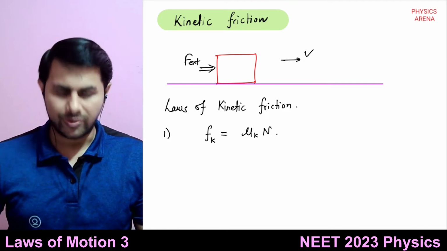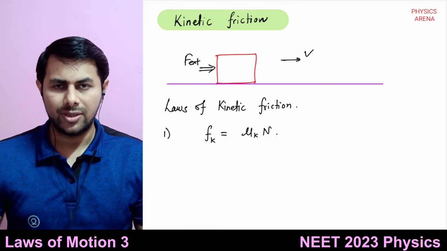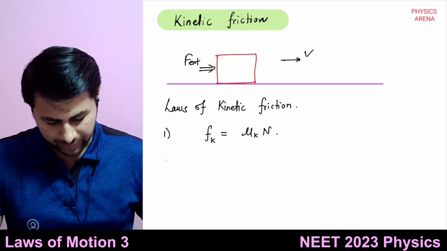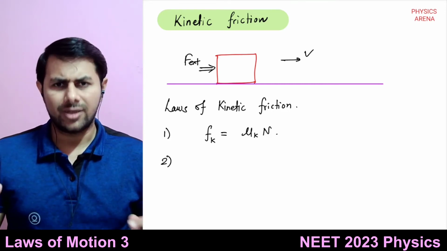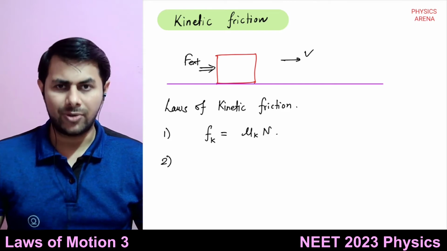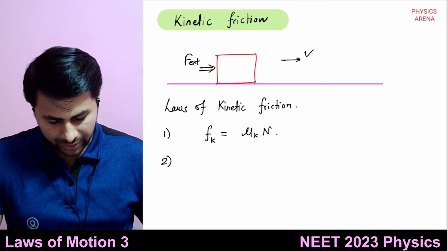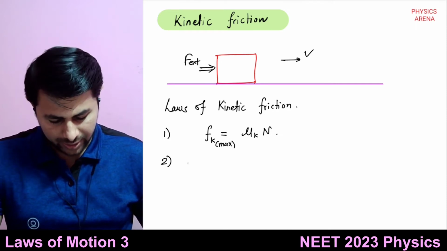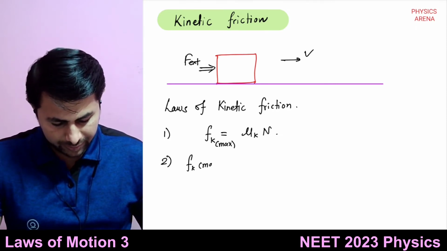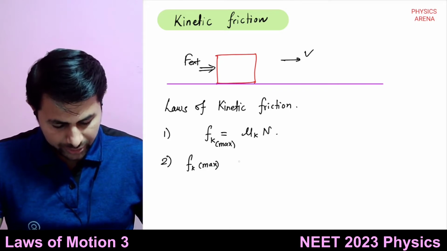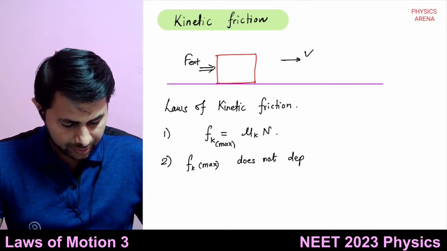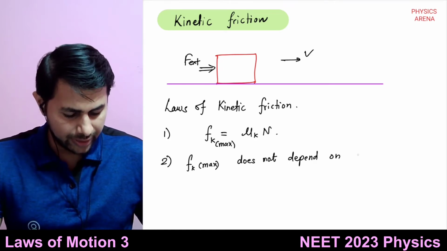Once the block begins to move, the coefficient of friction will decrease, so friction will decrease. Second thing, fk max, the maximum value, also does not depend on area of contact.